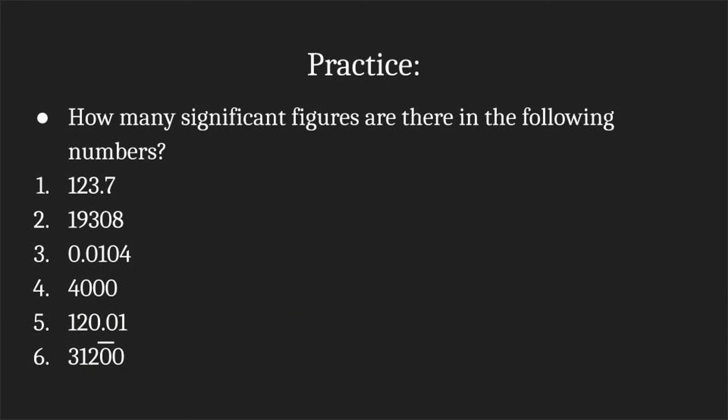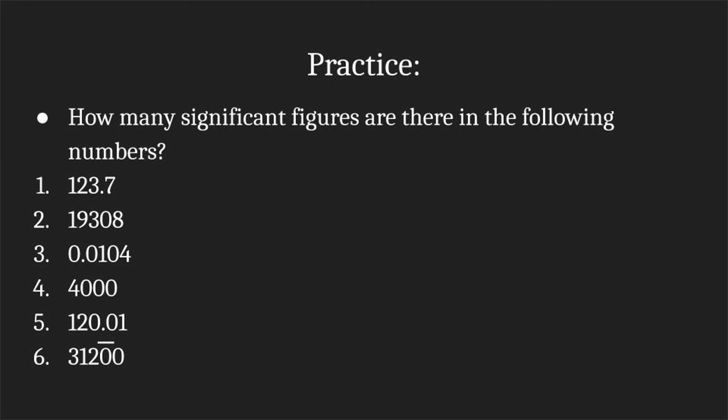Now that we've gone through these examples, here are some practice questions for you to test your understanding. So in each of these 6 numbers, how many significant figures are there? The first one is 123.7. The second one is 19,308. Question 3 is 0.0104.